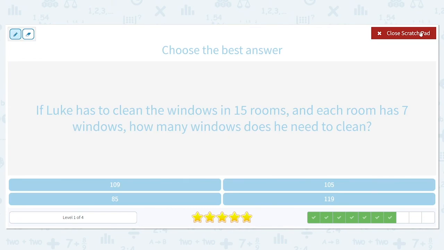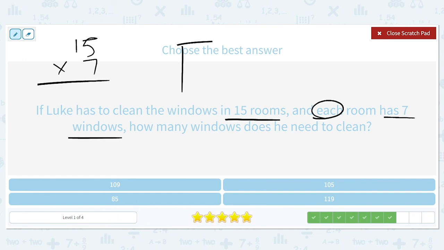If Luke has to clean the windows in 15 rooms and each room has 7 windows, how many windows does he need to clean? So we have to do 15 times 7.